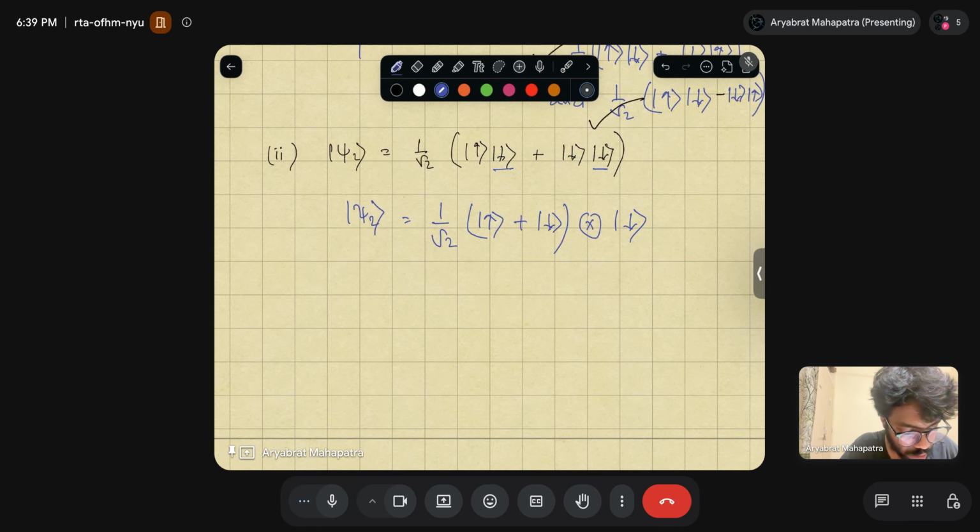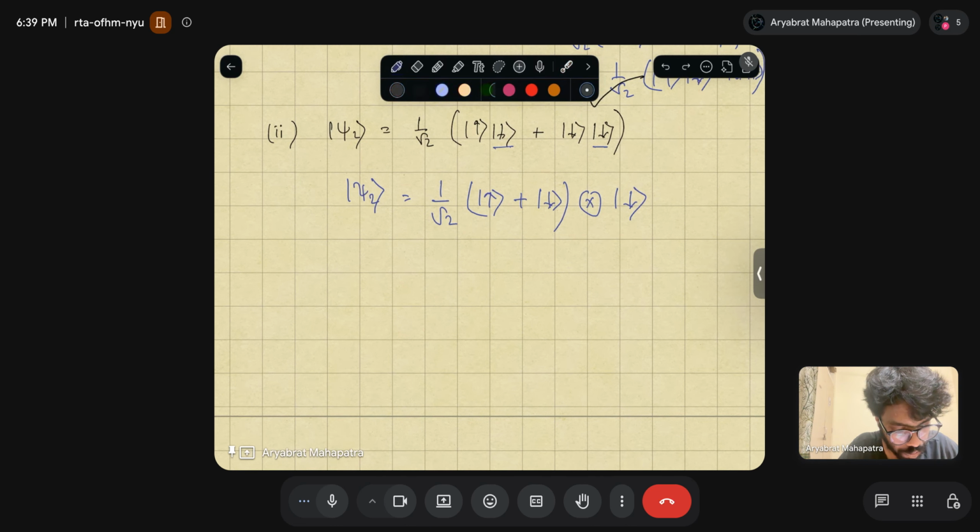Now the point here is, this is just some individual quantum state which is in some linear combination. So now I can write it as 1 over square root 2. I can write the entire thing because there will be some coefficient factors.